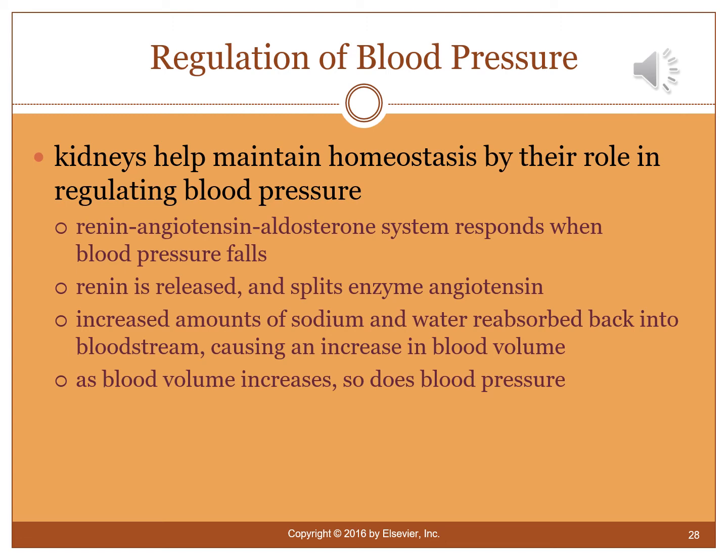The other part of this is the renin angiotensin aldosterone system. It's a complicated system, but it basically responds to bring the blood pressure to normal when it's falling below normal. Basically, it's done by the sodium potassium system and the sodium that was just described.